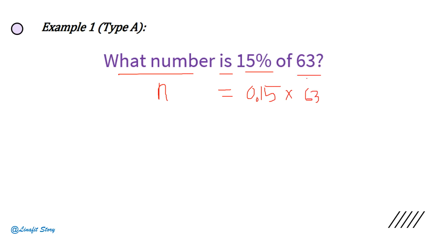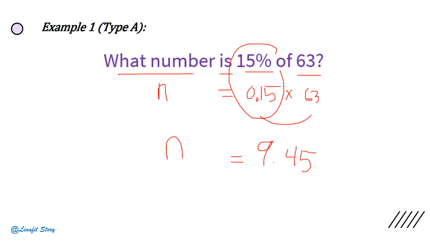To do arithmetic with percents, we have to change percents to decimals. Solving the equation, n equals 0.15 times 63. So n equals 9.45. So 15% of 63 is 9.45.